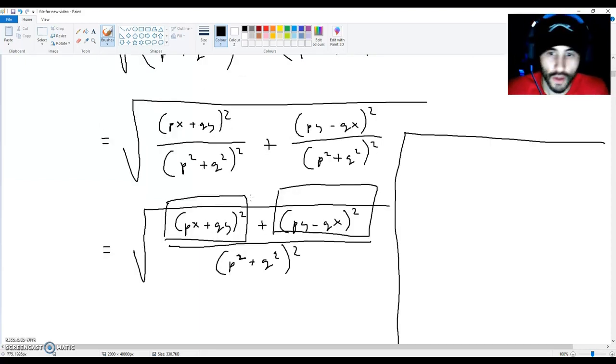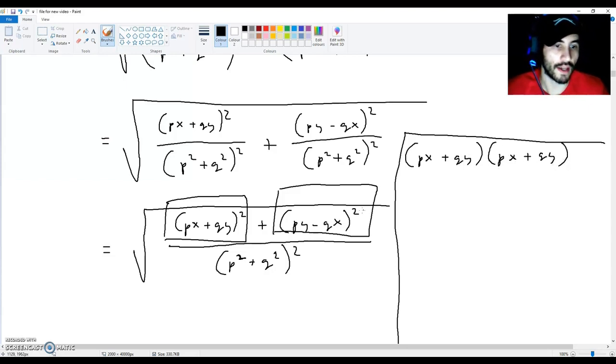So, what is (px + qy) squared? Let's do this: px plus qy multiplied by px plus qy.